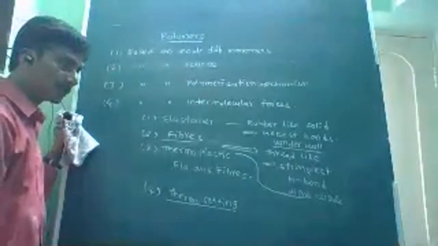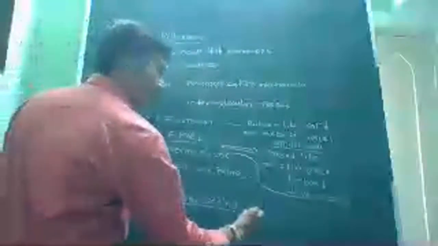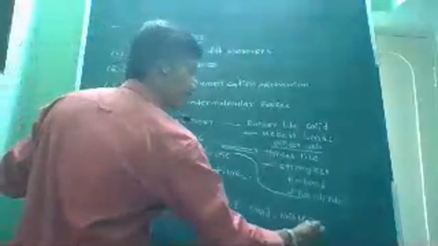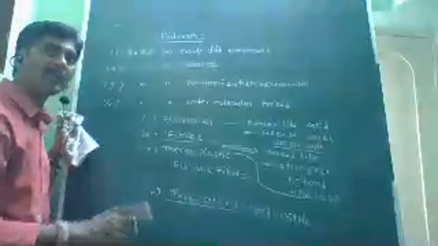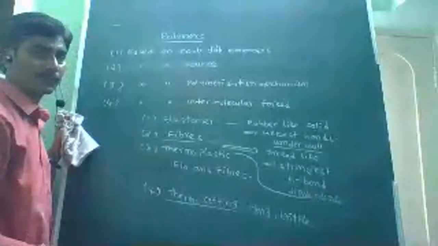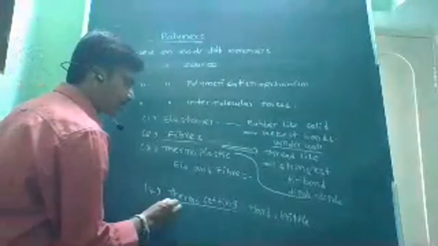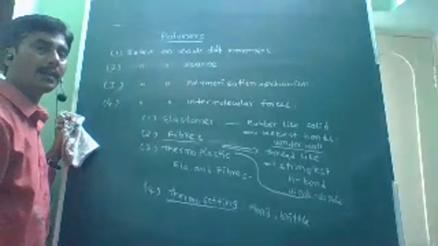The cross links between the monomer chains, they are very hard and brittle. On heating, they become as hard because the cross links among of the monomer chains will be increases. These are the polymers cannot be remolded because they become very hard on heating.